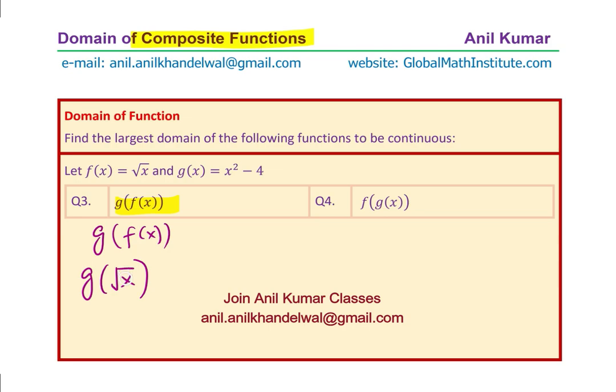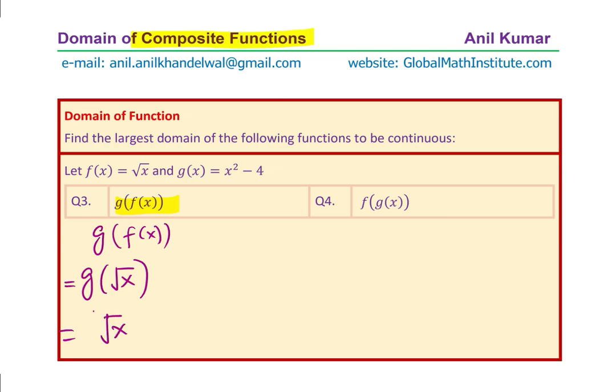Now, g of x domain is all real numbers, and therefore it should not really matter, right? So what do you get? Well, g of x is x square minus 4, so it becomes square root x whole square minus 4, right?